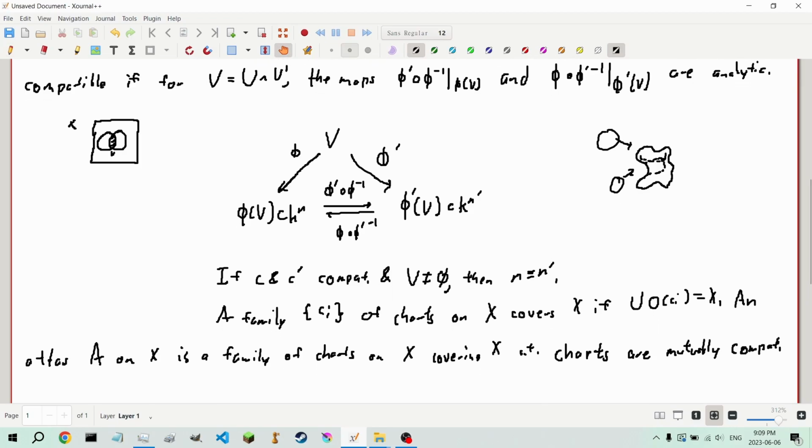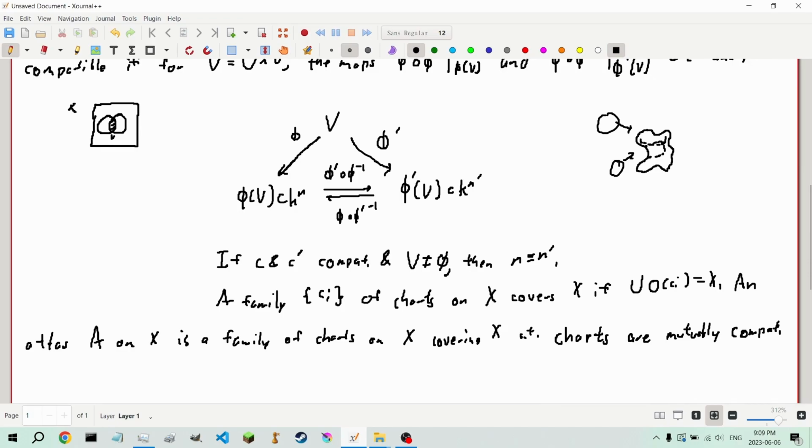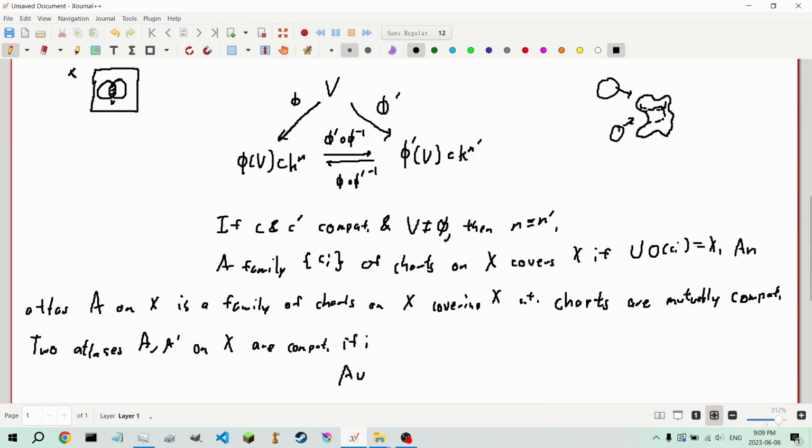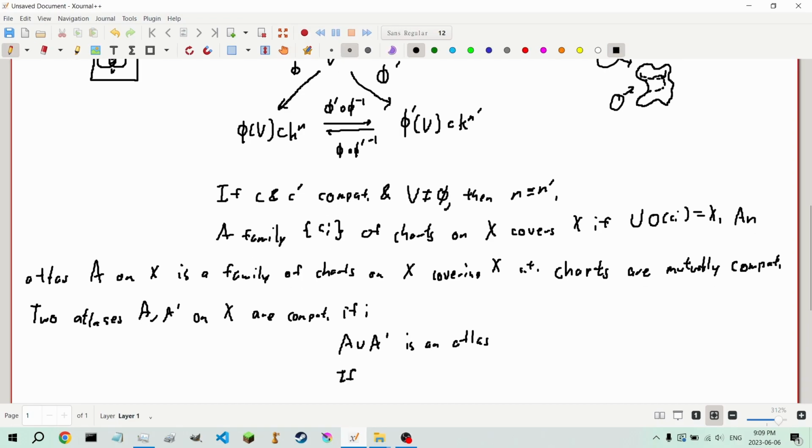Now we can compare our atlases here. Two atlases, say A and A prime, on X are said to be compatible if, equivalently, their union is an atlas, and if any chart in A and any chart in A prime are compatible.